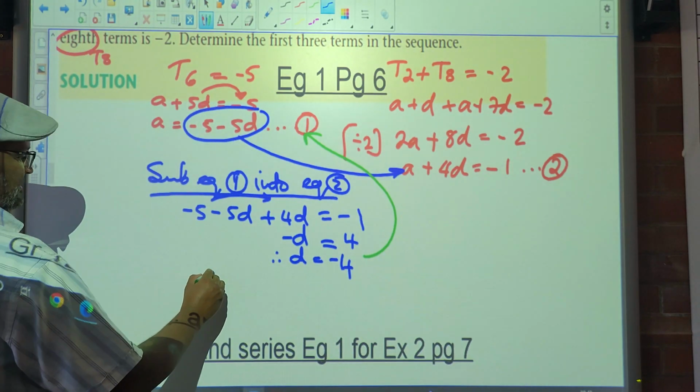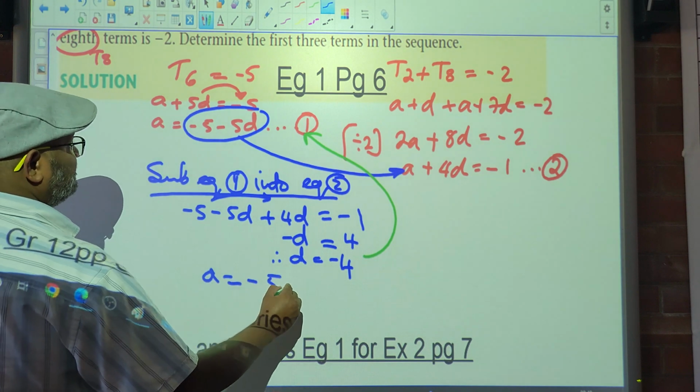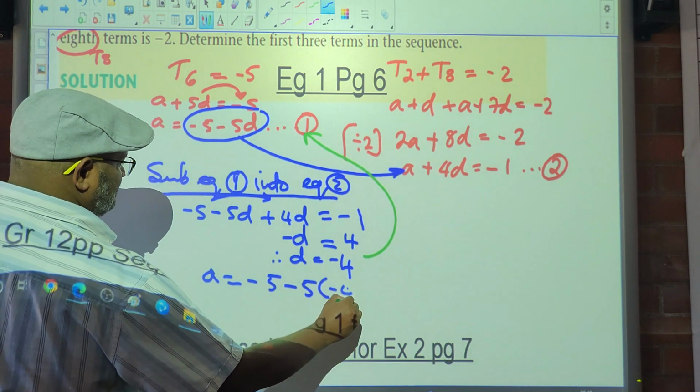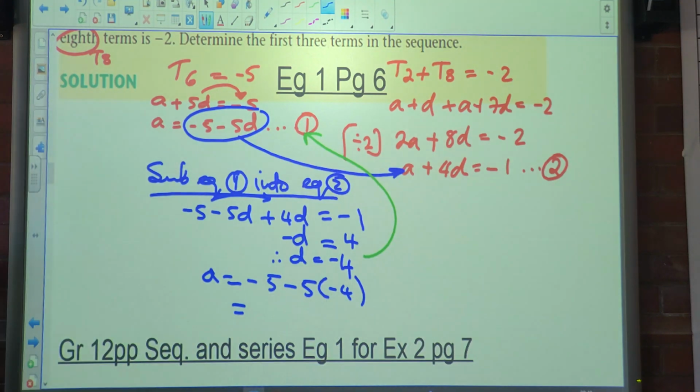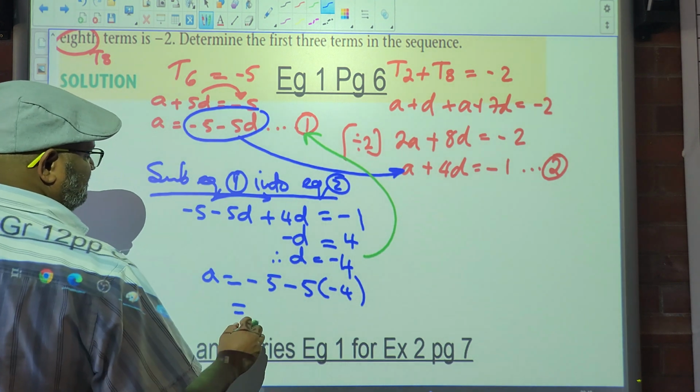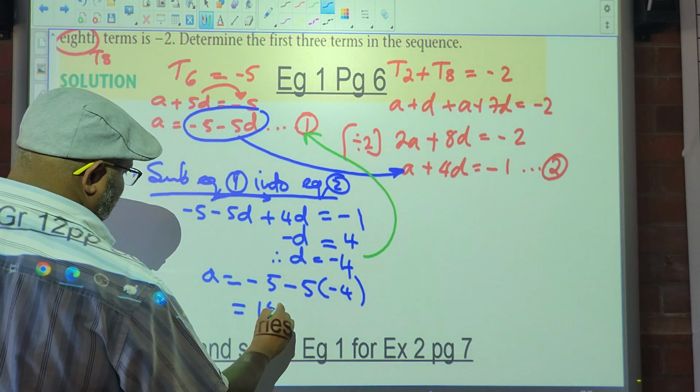So let's go. a is then simply equal to negative 5 minus 5 times negative 4. So negative 5 times negative 4 is 20. Negative 5 plus 20 is 15.